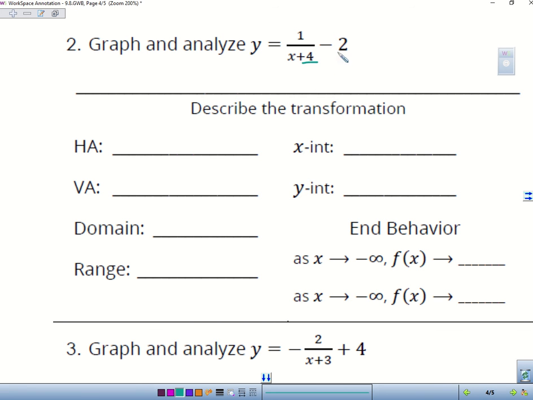I'll give you no vertical stretch. A vertical stretch would be if this number was changed, so there's something other than 1. But there's a horizontal shift. The shift is left 4.